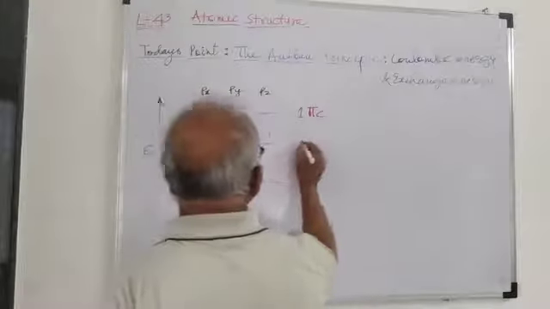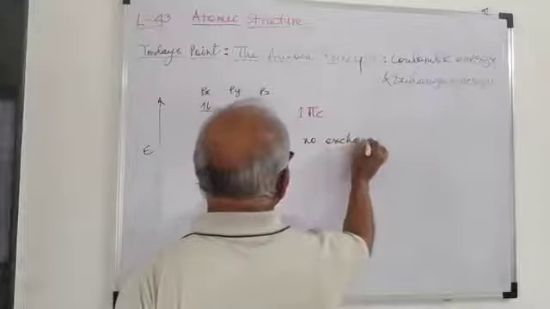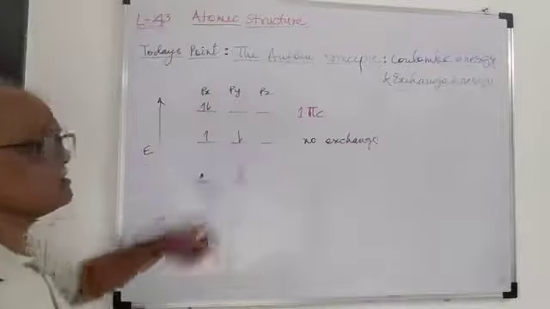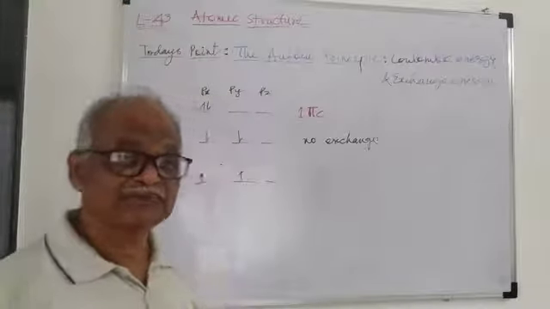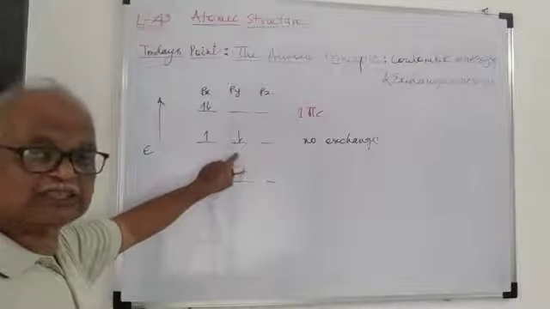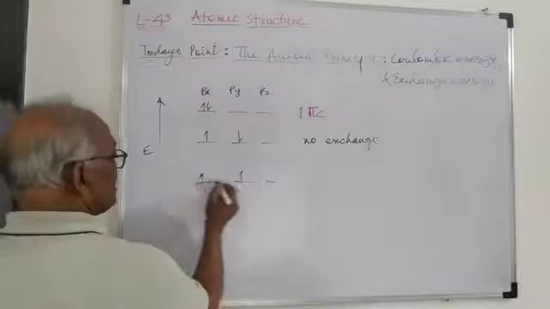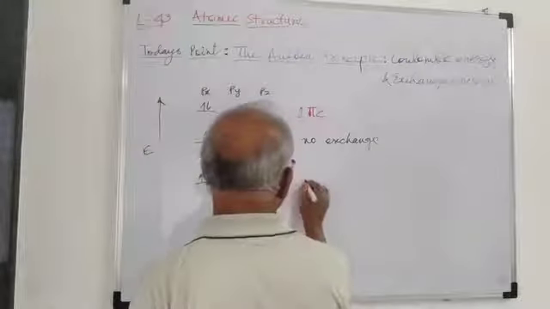Here there is no exchange, because the electrons are of opposite spin. Spin state is opposite, this one is plus 1/2, another is minus 1/2. Here both electrons are of the same spin, so exchange is possible.